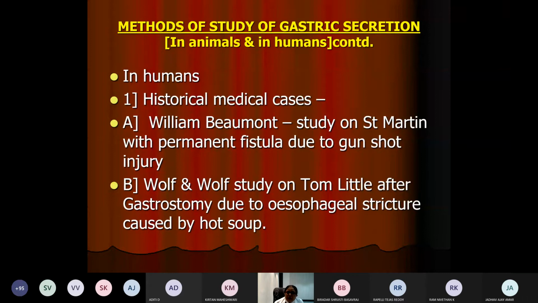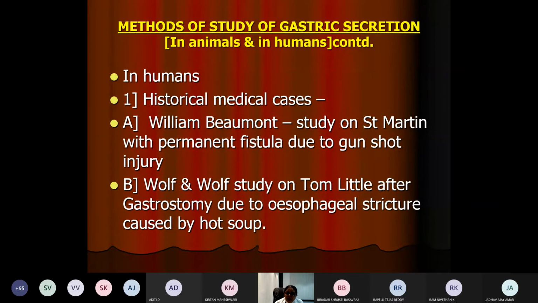In humans, I will tell you some studies. Here, historical medical cases. William Beaumont studied Alexis St. Martin with a permanent fistula due to gunshot injury. Next, Wolf and Wolf studied Tom Little after gastrostomy due to esophageal stricture caused by hot soup.